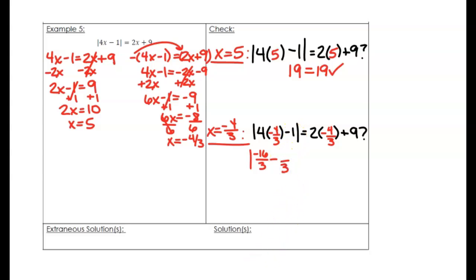What divided by 3 is 1? That would be 3. And then on the right side, 2 times negative 4 is negative 8 over 3, plus I need to write 9 as something over 3. So it's 9 times 3, 27.